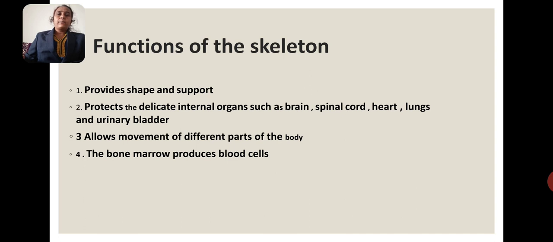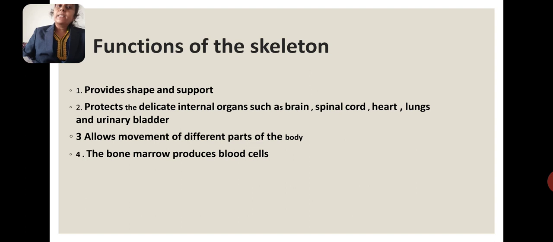And last but not least, the bone marrow produces blood cells. As we know, blood cells are very important in our body, and the initial stage of producing them happens in the bone marrow.